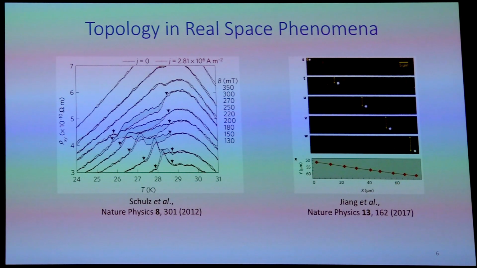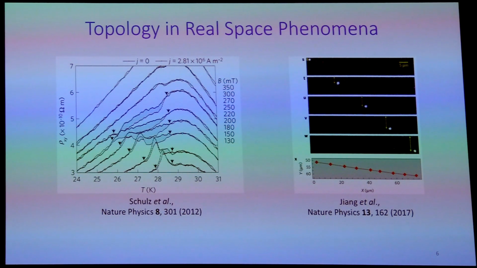These 2 Hall effects have been measured experimentally. On the left, I'm showing the experimental signature of the Hall resistivity that has a non-zero contribution from this topological Hall effect of electrons only in the temperature and magnetic field regions where skyrmions are present.